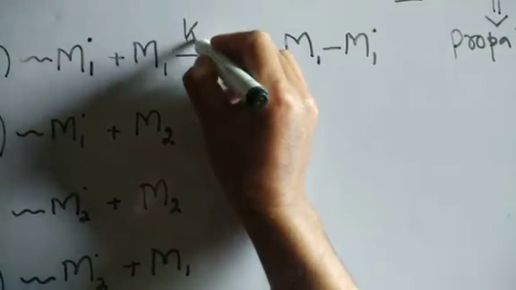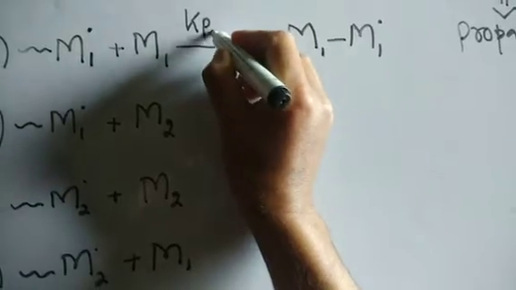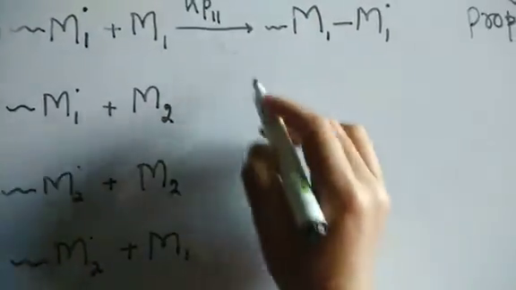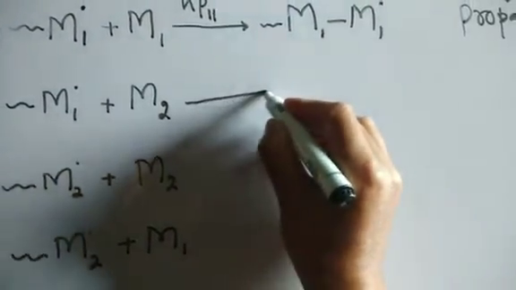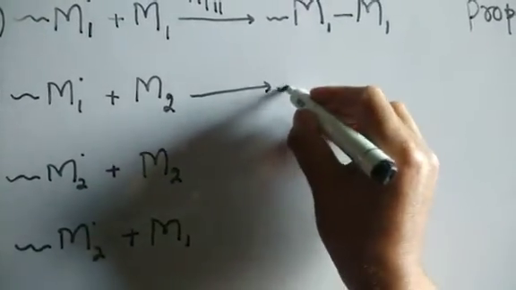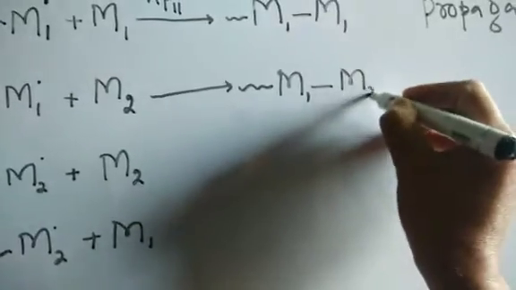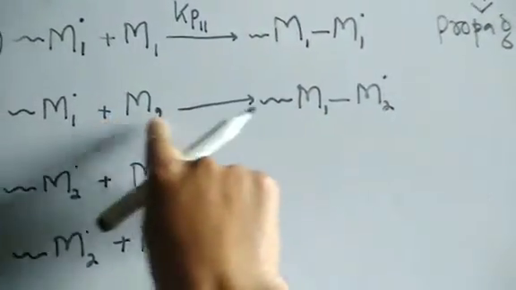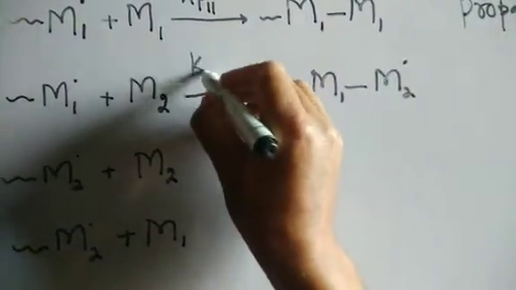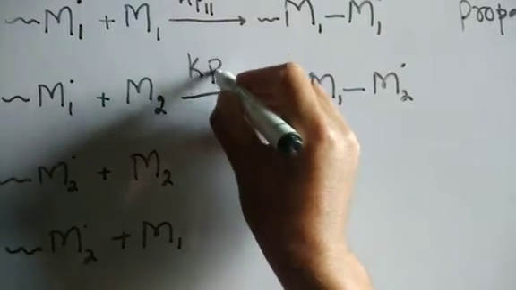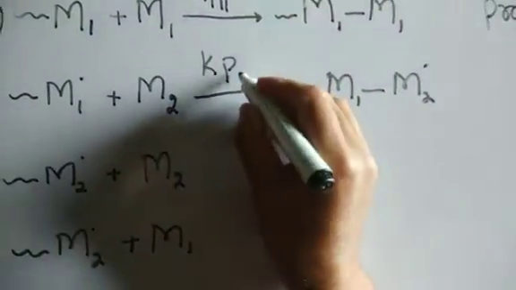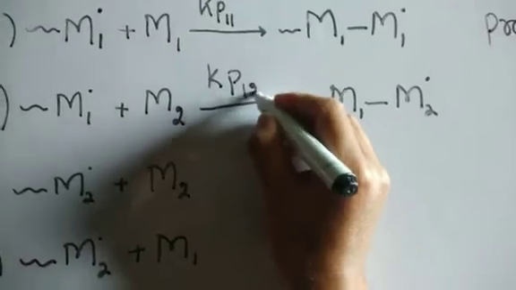We'll add the rate constant for propagation of 1, 1. So 1, 1. Likewise step number 2, we have M1. Now we have the radical and M2. Fine. So this is the rate constant for propagation, that's 1, 2.